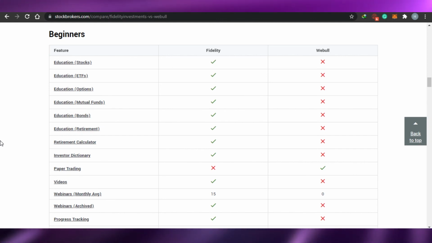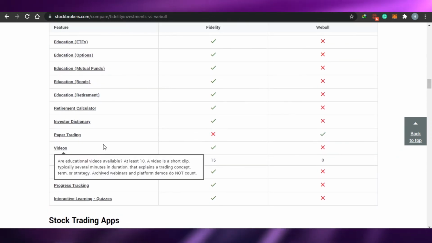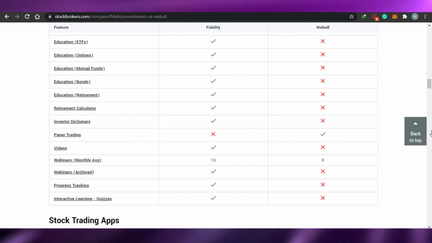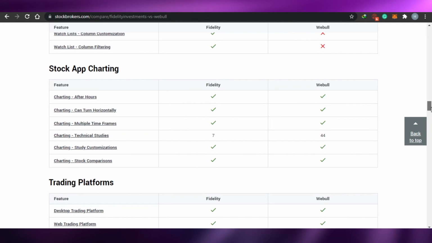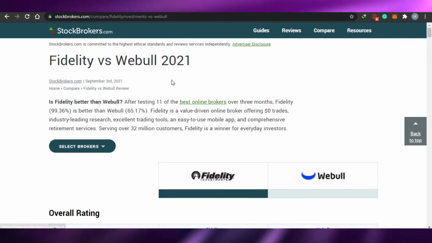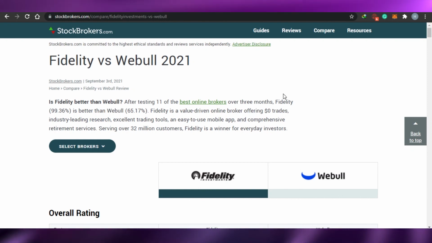So that's a drawback for WEBULL, not that beginners friendly. But some things are available, for example, paper trading, not available in Fidelity but available in WEBULL. You can see all of these differences right here, and you can check out this website from where I am checking this difference, just so you can get a better idea.